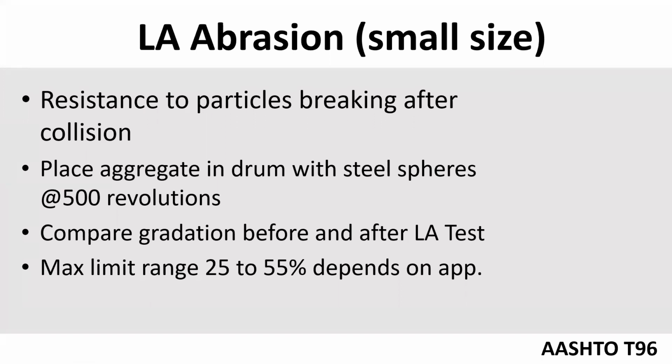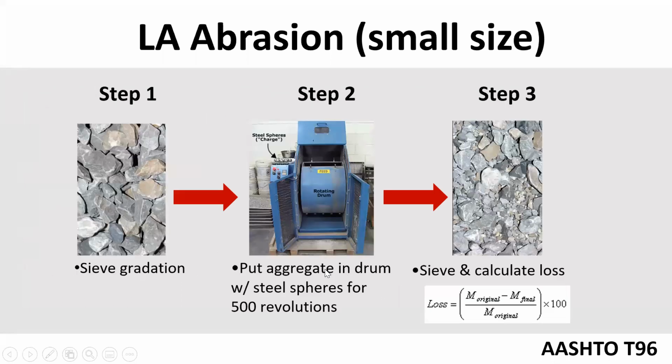These steel spheres are supposed to break up the rock, and you look at your gradation afterwards, and if it changes more than 25 to maybe 55%, that's the maximum range you're allowed. It just depends on what standard it is. It might only say 25. It may even be up to 55, depending on what the standard says.